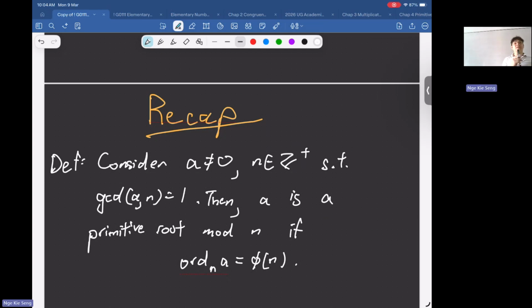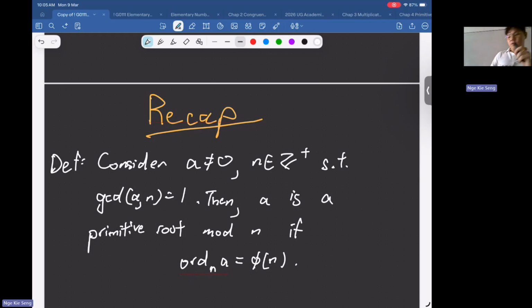Do you still remember what the order of a means? Or maybe what's the equation that you see in Euler's theorem? Something equals to 1, right?